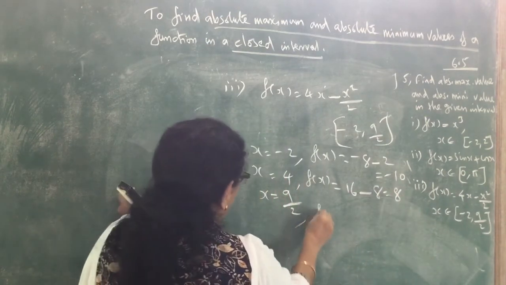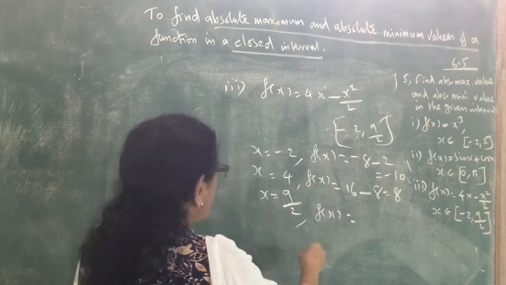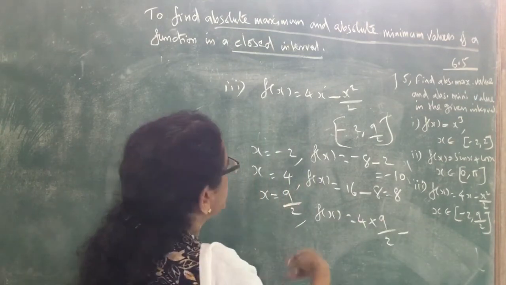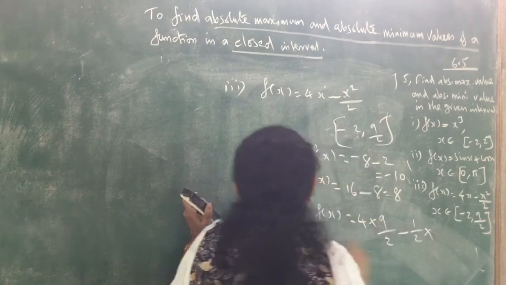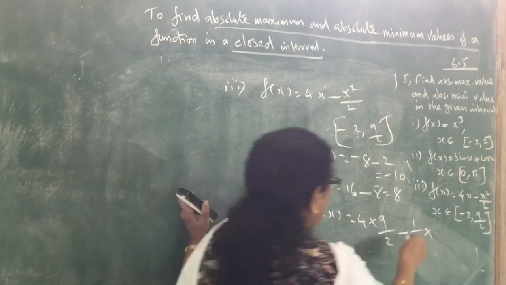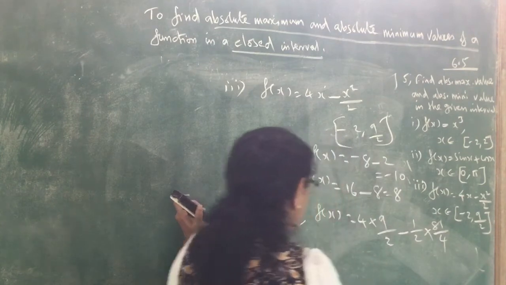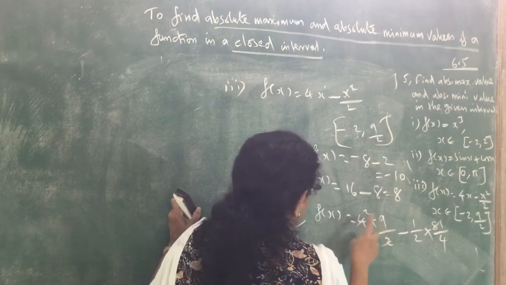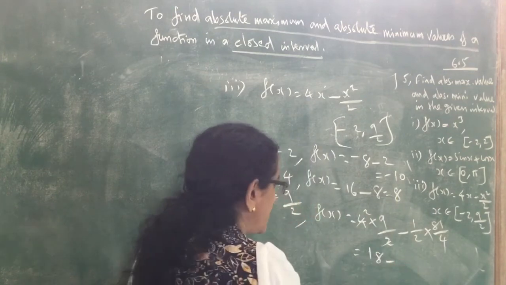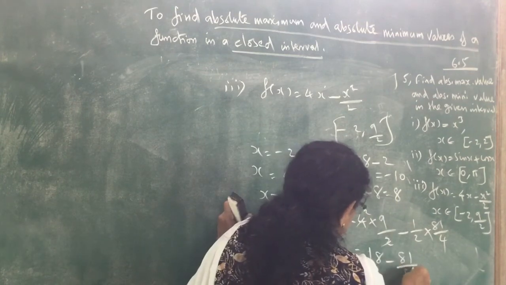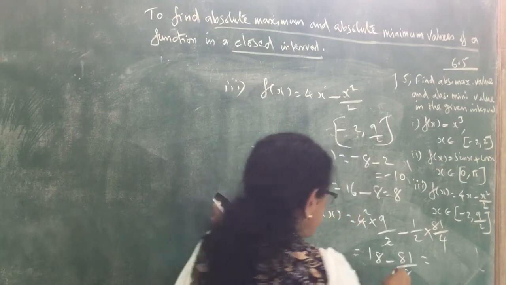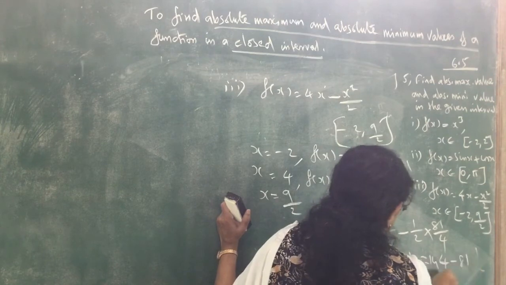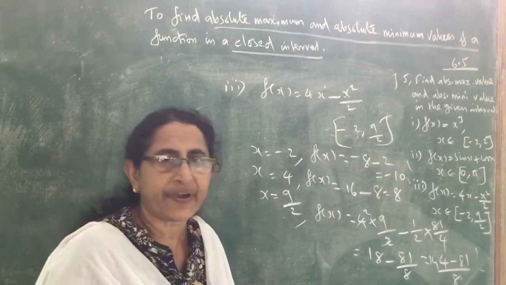Then x = 9/2, f(x) = 4 into 9/2 minus 1/2 into (9/2)^2, that is 81/4. So 2 into 9, cancel 2, is 18, minus 81/8.